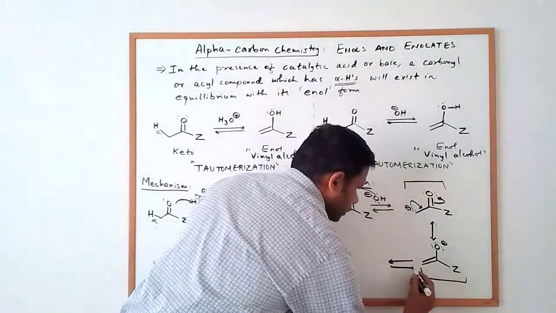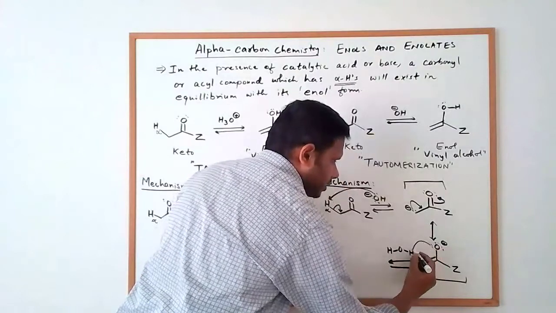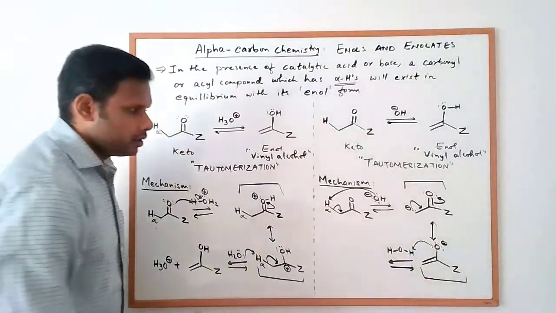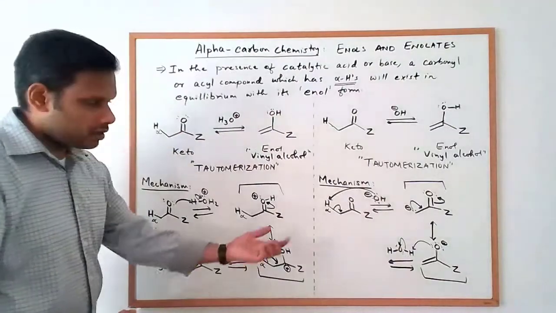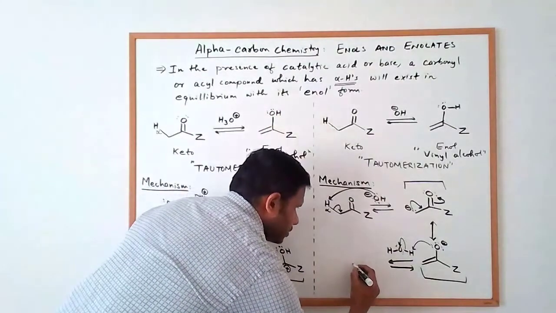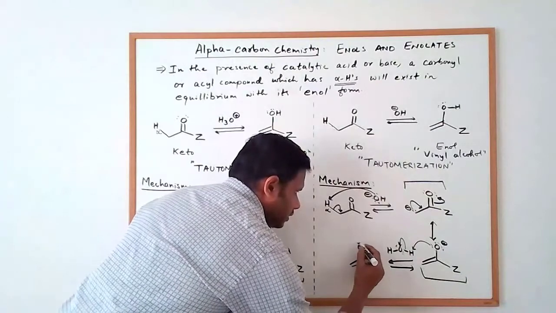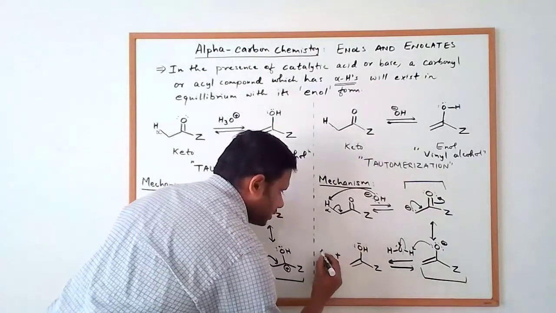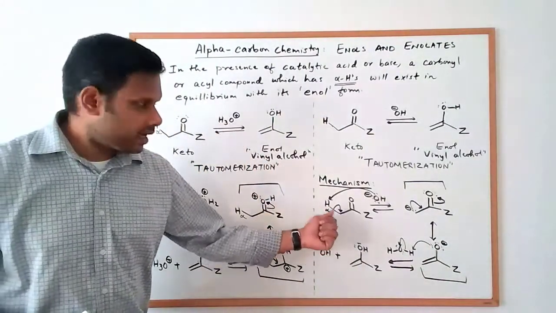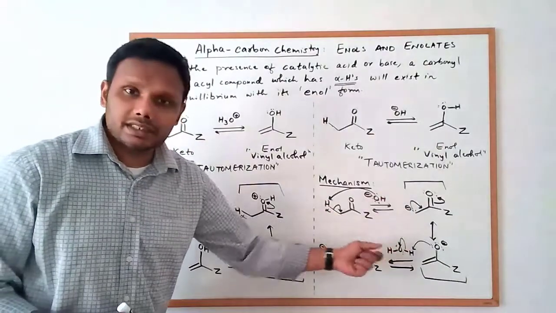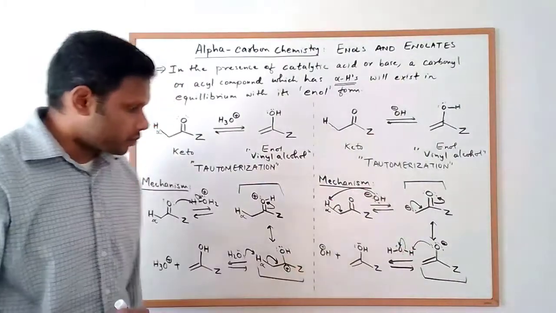And then again, under these conditions, this form here can get protonated using a proton source from the solvent, let's say water here, to give us the enol plus the hydroxide. So again, under basic conditions, this process is catalytic in base because we regenerate the base at the end of the reaction.